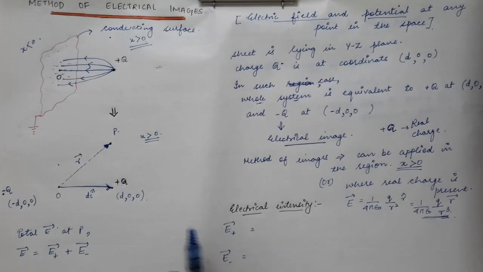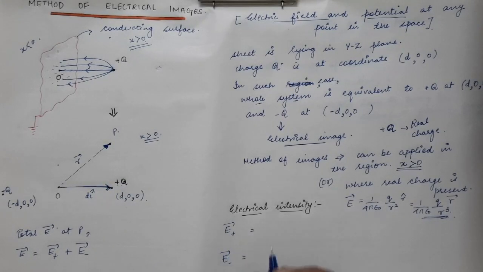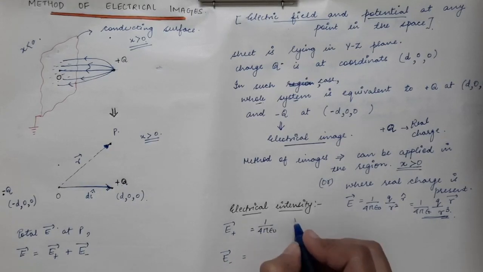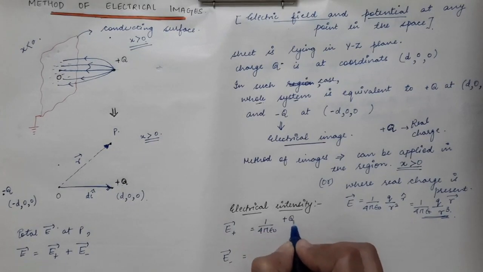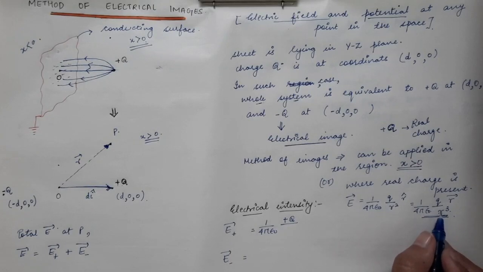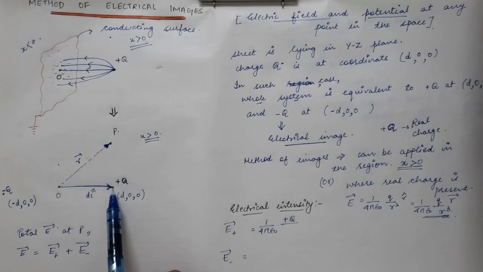So the electric field at P due to the plus Q charge will be 1 by 4 pi epsilon naught into the charge plus Q, divided by r cube. Here r is the distance of the observation point from the source charge. So this is the observation point, this is the source charge.